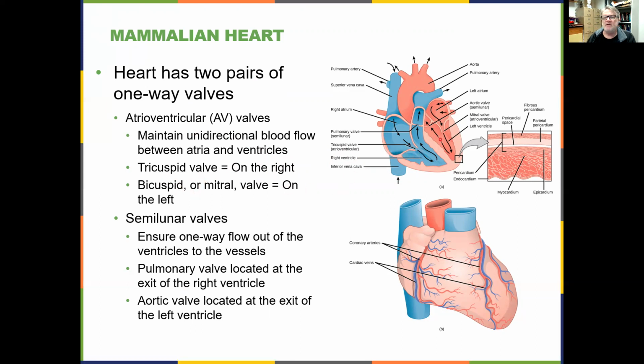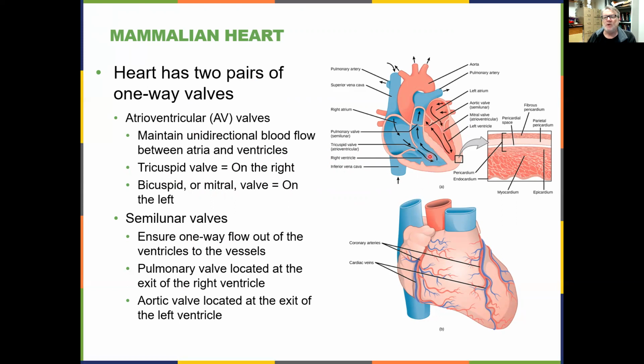And the other one only has two flaps of tissue, and it's called the bicuspid, but it has another name, the mitral valve. You may have heard of people having mitral valve replacements or tricuspid valve replacements. This is what we're talking about, because if those valves become damaged, they allow blood to move backwards through the heart, which makes the movement of blood inefficient.